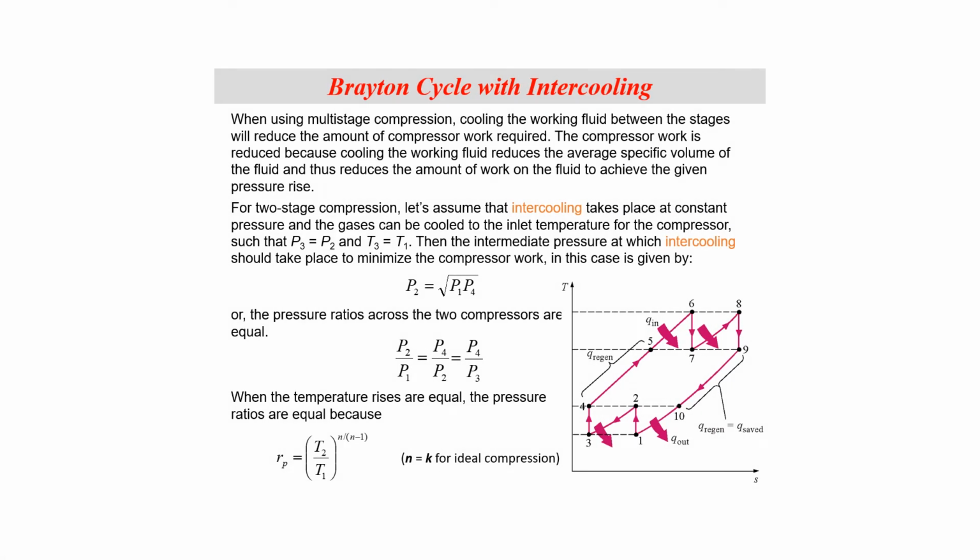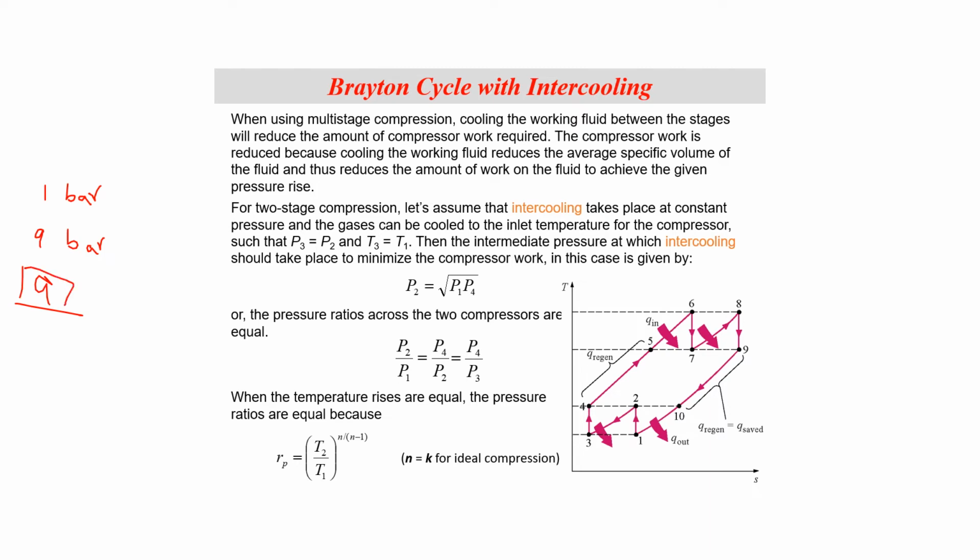Ideally, for example, if our system is going from 1 bar to 9 bar, the actual pressure ratio is 9.